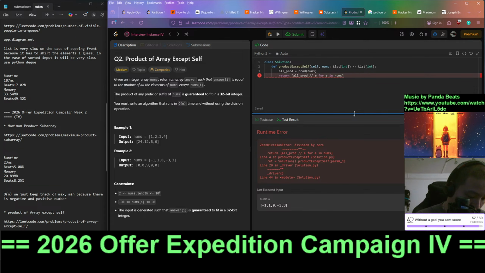So 0 divided by negative 1 is 0. 0 divided by 1 is 0, right? But 0 divided by 0, right? What is that case then? If e is not equal to 0, right? Otherwise 0, right? No?